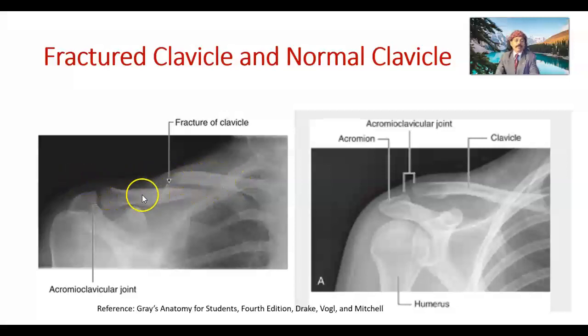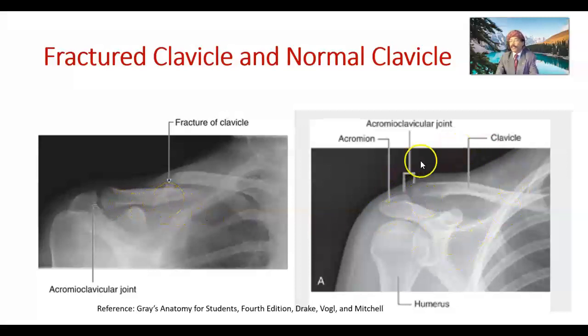This part is depressed by the weight of the upper limb by gravity, and by the action of pectoralis major, this piece is drawn medially and anteriorly by the adductor action of the pectoralis major.